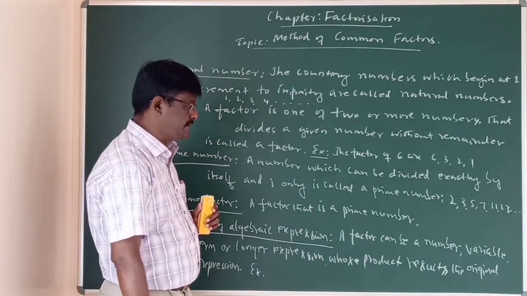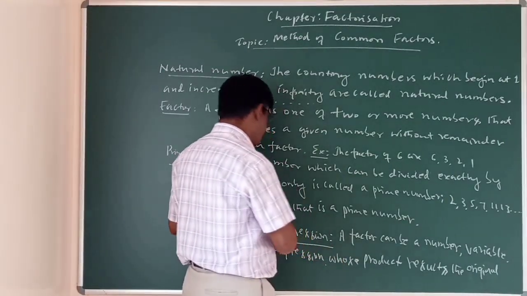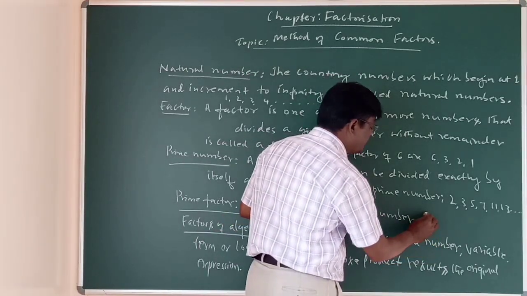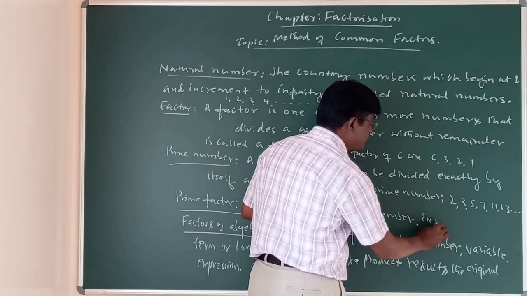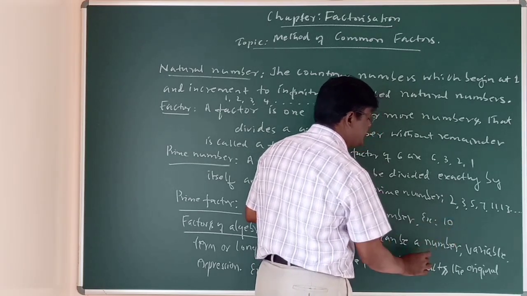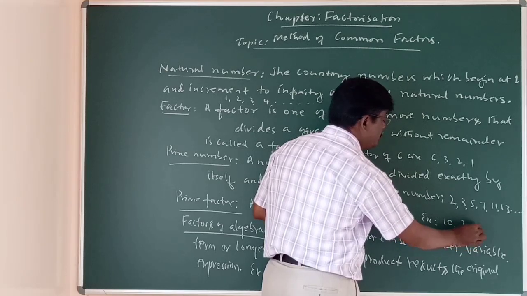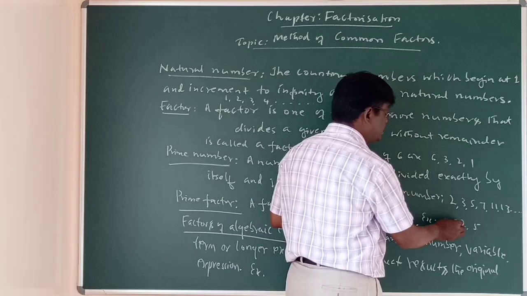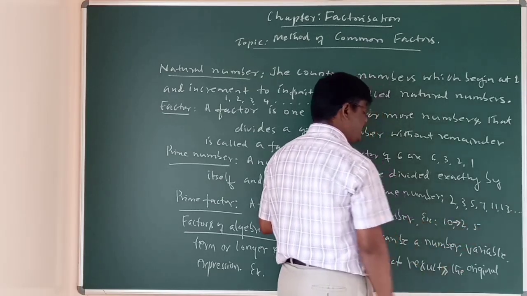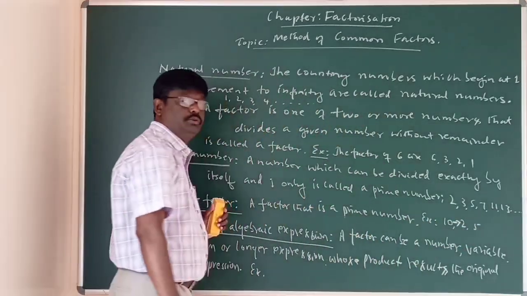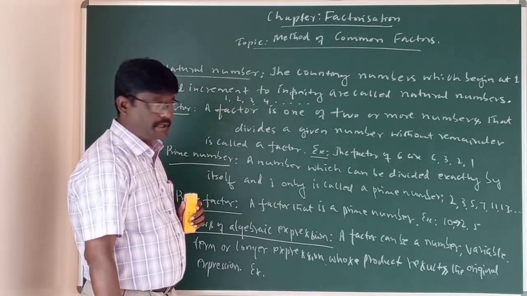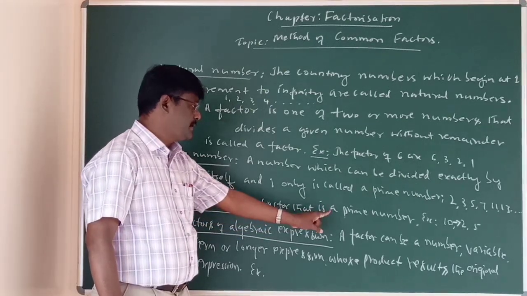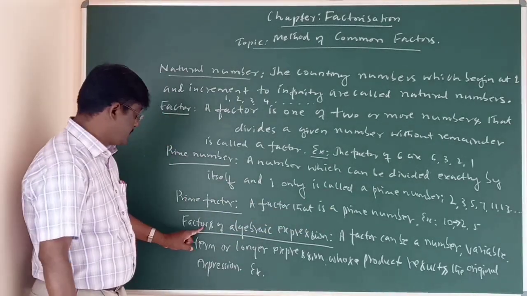That is a special case that we know. Now, a factor that is a prime number is a prime factor. Example, what about the prime factors of 10? The prime factors of 10 are 2 and 5. 2 is a prime, 5 is a prime. Therefore, a factor that is a prime number is a prime factor.